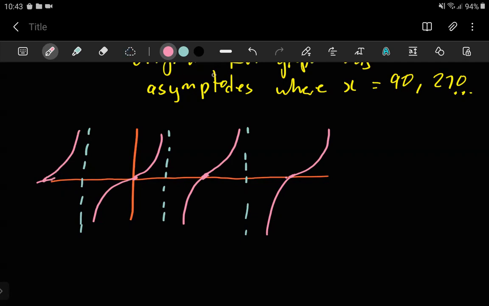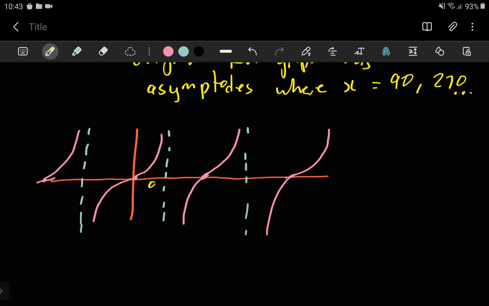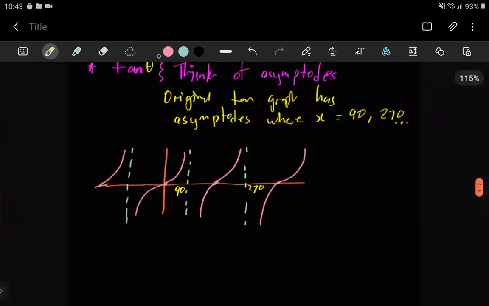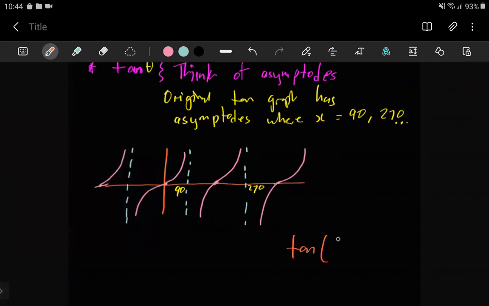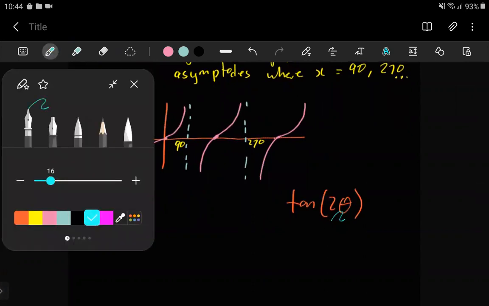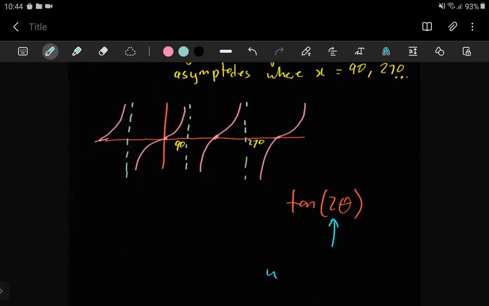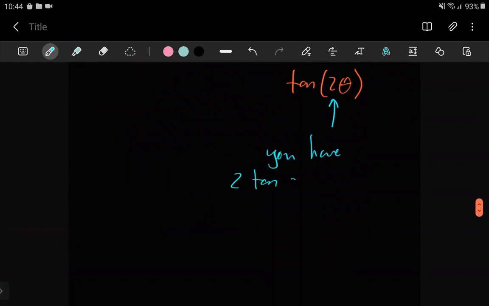So with something like this, automatically you want to remember that this is a 90 and a 270. In this space, this is 180 degrees. So for future reference, if you see stuff like tan with 2 theta, then this should give you the indicator that you have 2 tan graphs in a space of 180 degrees.